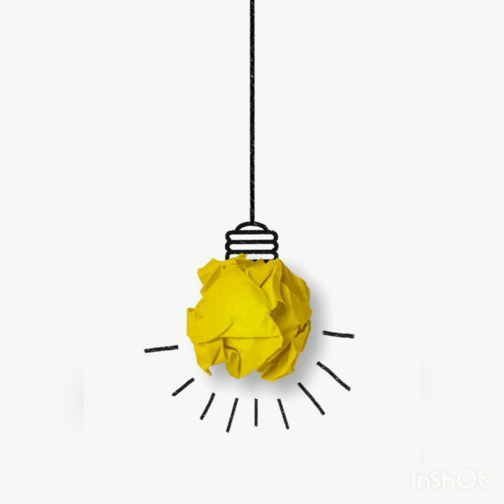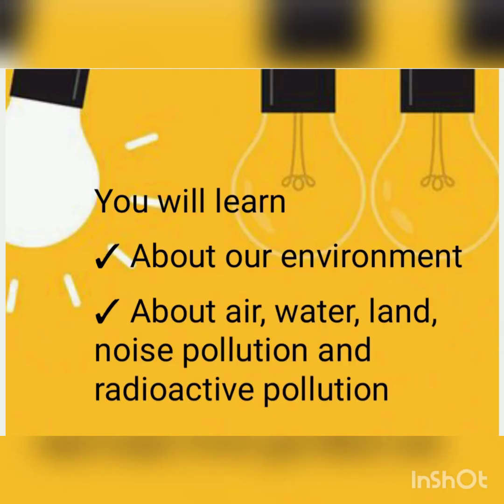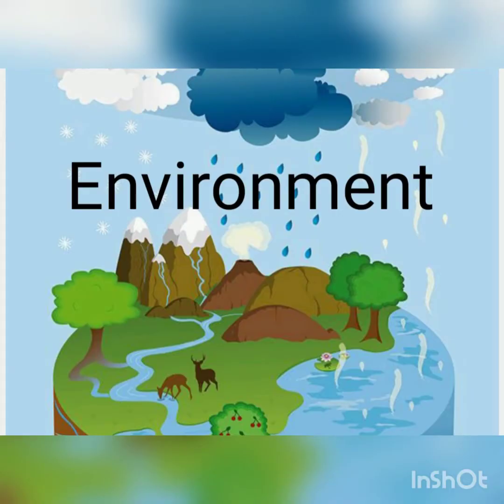So, here, the main topics that we will be discussing are: you will learn about our environment, about air, water, land, noise, and radioactive pollution. So, here, what is an environment or what is our environment? Our environment refers to our surroundings.